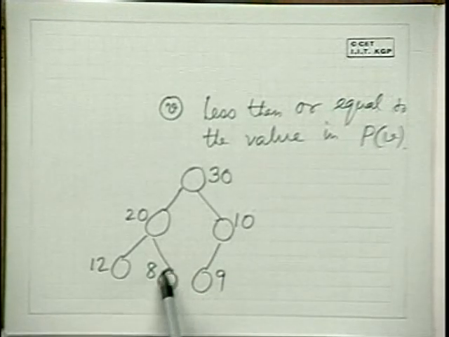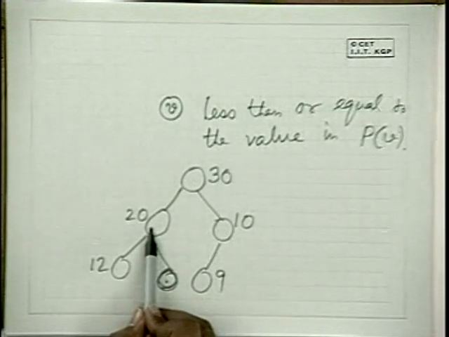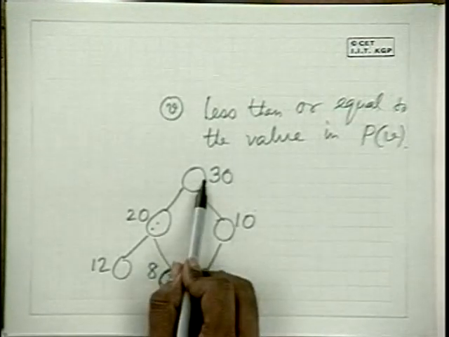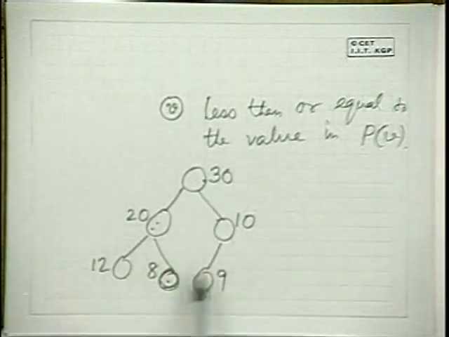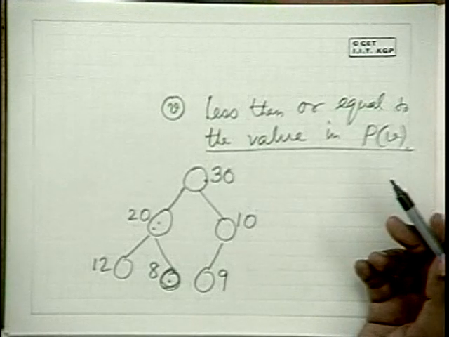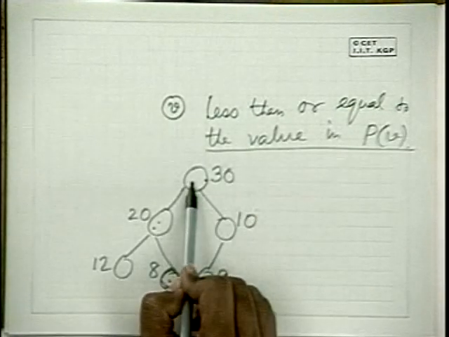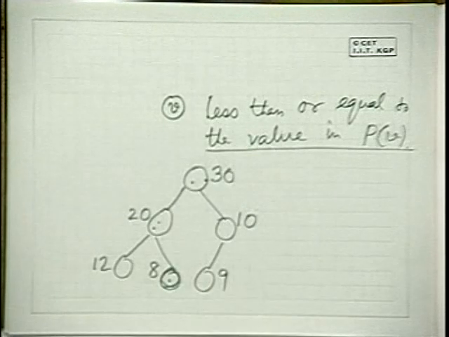If you take any node, say 8, 8 is less than or equal to 20, which is its parent. 20 is less than or equal to 30. Okay. So this condition I have put is the condition for the max heap. Because by this condition, the maximum number goes to the root. If somehow you have put the numbers in a heap manner, where the topmost element is the maximum element.